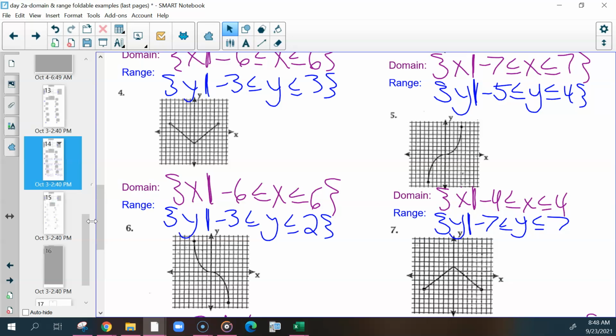So this 5 and this 6 look very similar, except one goes to the right and one goes to the left. The one that goes to the right, the domain was from -4 to 4. Range was from -7 to 7.